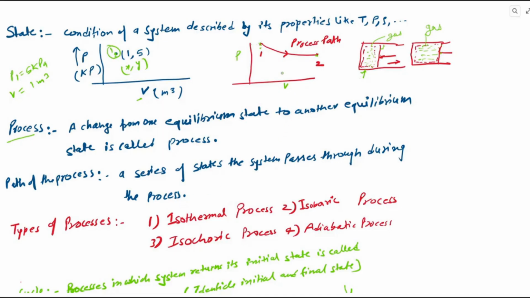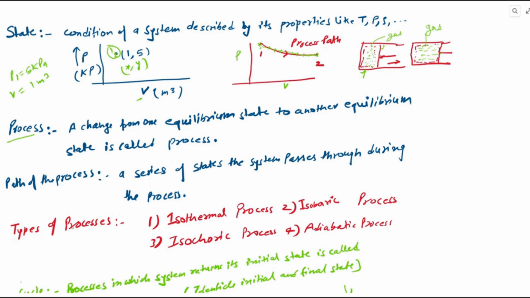So here, from equilibrium state 1 to equilibrium state 2, the system passes through a number of equilibrium states: 1, 2, 3, 4, 5, 6. When we connect these states, this is called the process path.